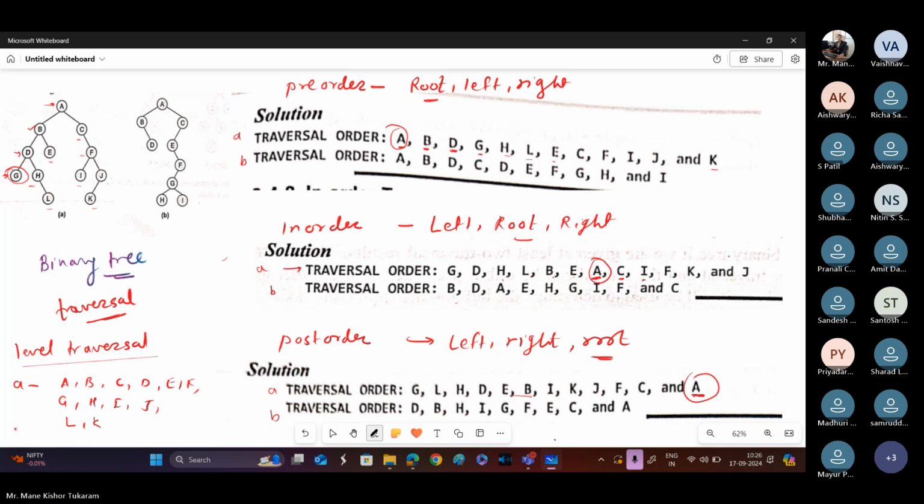And for the second, we can write A, B, C, D, E, F, G, H, and I. Okay, so level wise, we have to process. So first level, then second level, then third level, fourth level, fifth level, and sixth. So these are the particular 4 types related to the traversal. Okay, so tree traversal has these 4 types, and 4 examples are there.